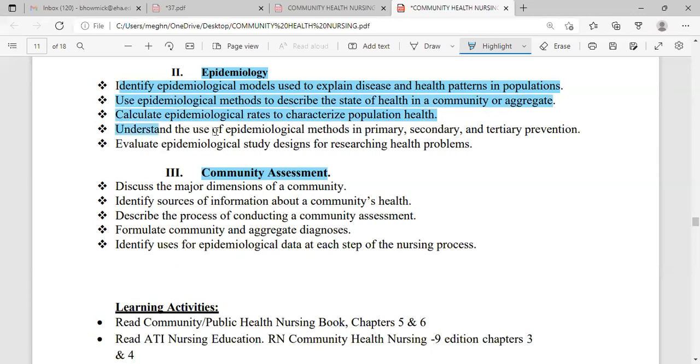Also, apply the epidemiological method in primary, secondary, and tertiary prevention. Evaluate epidemiological study designs for researching health problems.